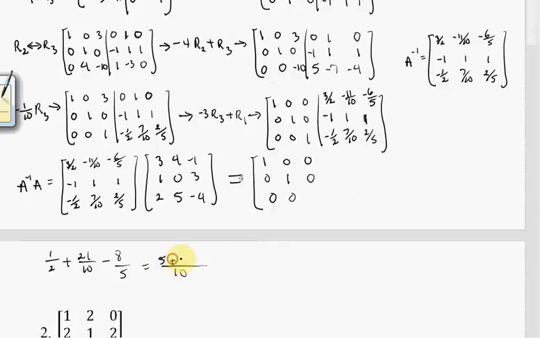Get 5 plus 21 minus 16. So gives us 10 over 10, you get 1. That checks out. So indeed, the inverse is this guy.